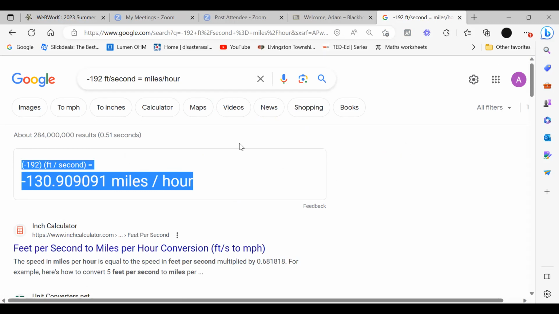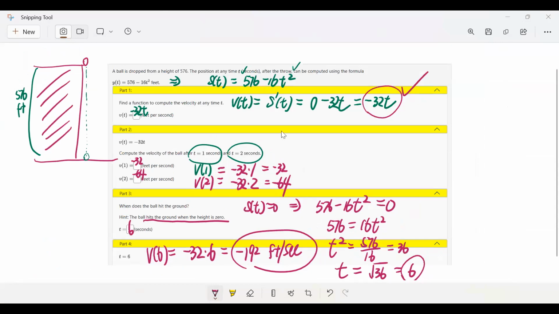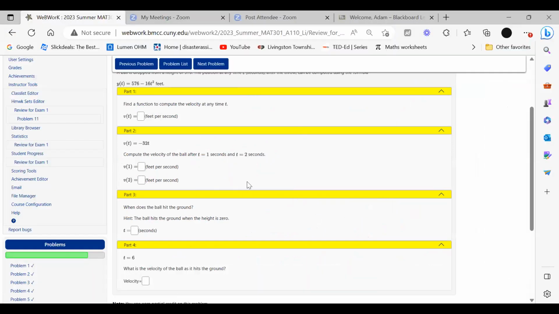Okay, so that's basically how we solve the problem step by step. Any questions about this? Okay, so let's put in the answers here, one by one.